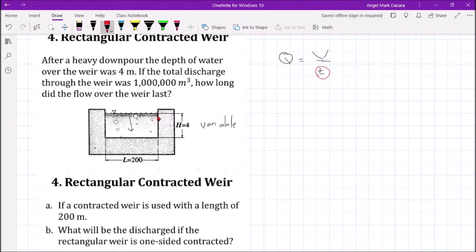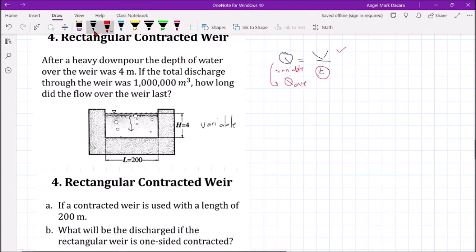Kasi syempre, iba-iba yung head, pababa ng pababa yung head, pahina ng pahina yung discharge. So, discharge is not constant. Etong B, alam natin to. Check. Okay? So, since this is variable, ang gagamitin natin na discharge is average discharge.